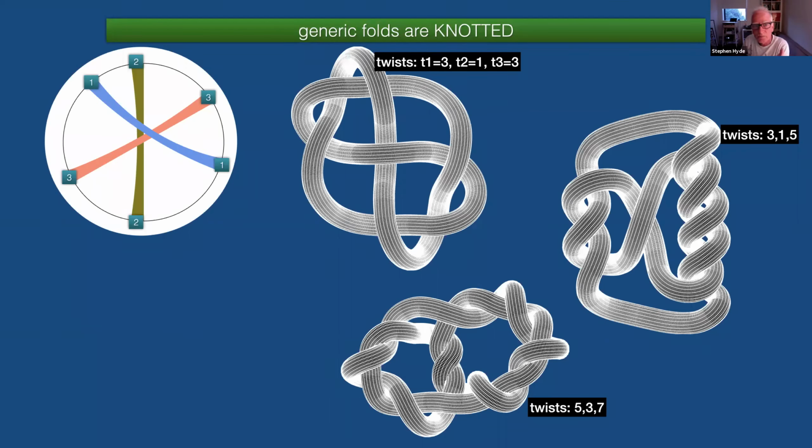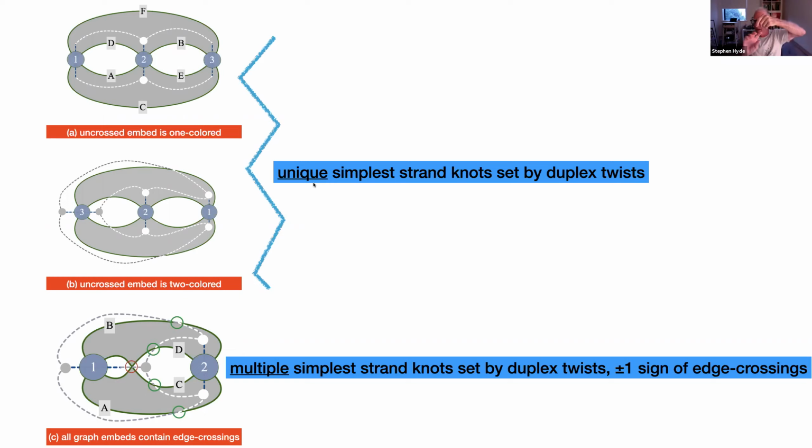Now, the nice thing is that when I have A and B folds, because they have no crossings, if I embed, now, what I should say is I'm only talking about the simplest embeddings. Of course, I can take this polarized strand graph and I can always give it a pair of crossings anywhere by just taking my whole rigid vertex and flipping it one way or the other way.